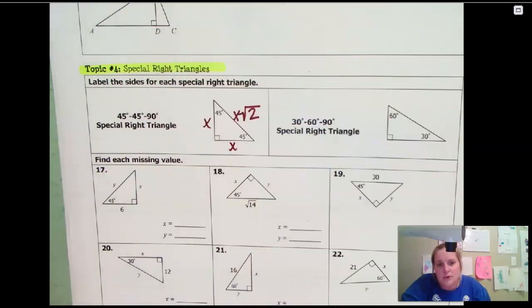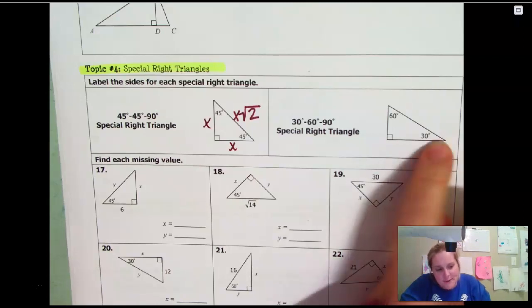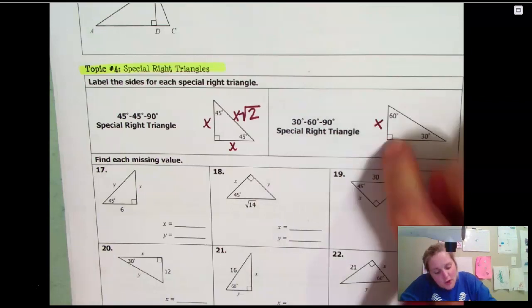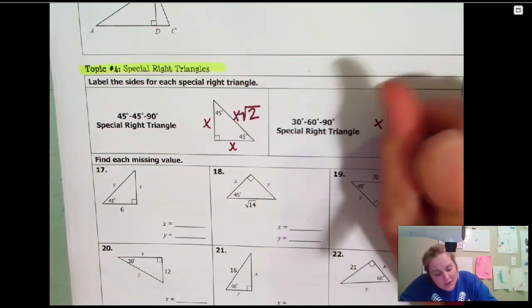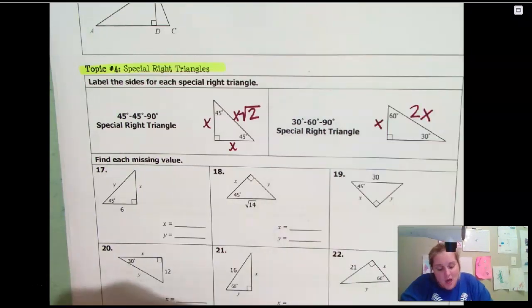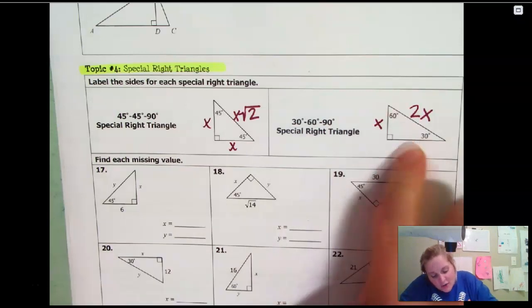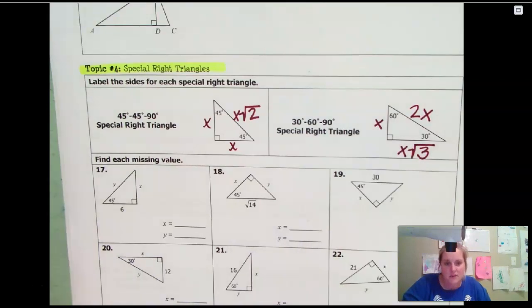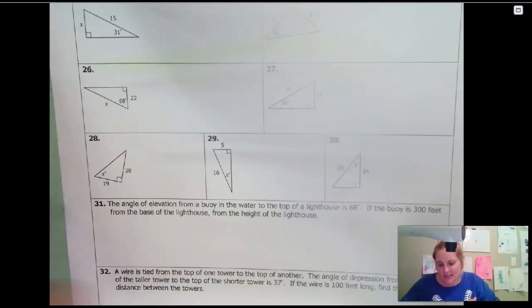That's your rule for a 45, 45, 90. For the 30, 60, 90, across from the 30 is going to be your x. Across from your right angle, the hypotenuse, is 2x. Across from the 60-degree angle is x square root of 3. That's your 30, 60, 90. These are your practice problems on that.